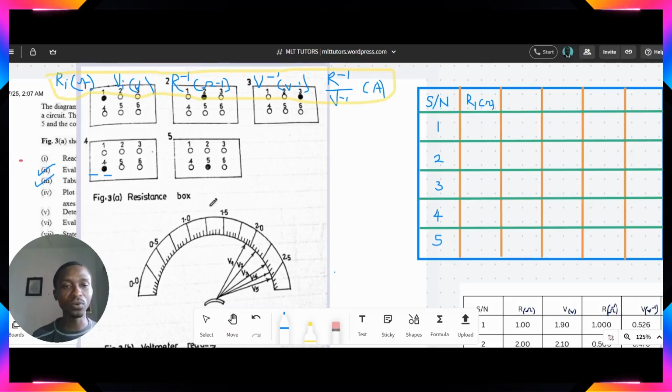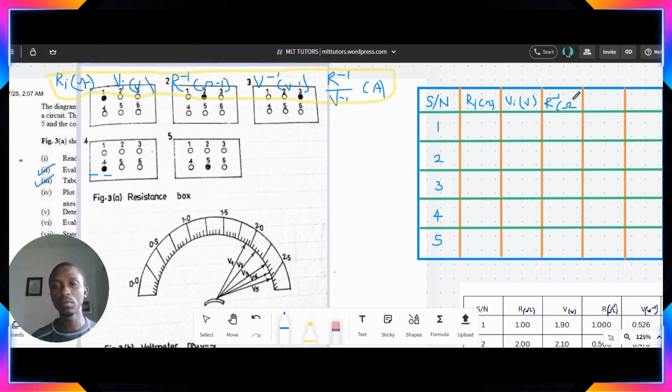Then also Vi, that will be in volts. Also we have Ri inverse, and that will be in per ohm. Also we have voltage inverse, that will be in per volt.